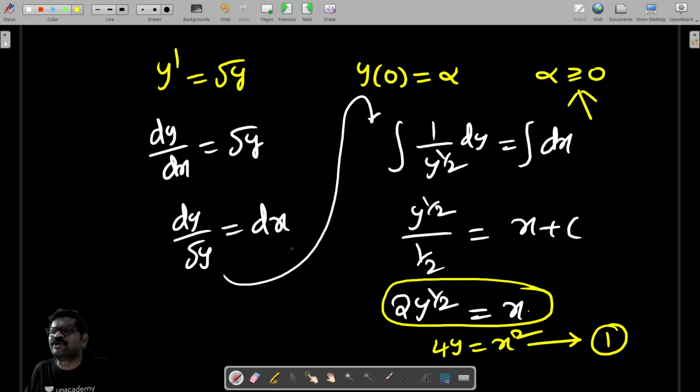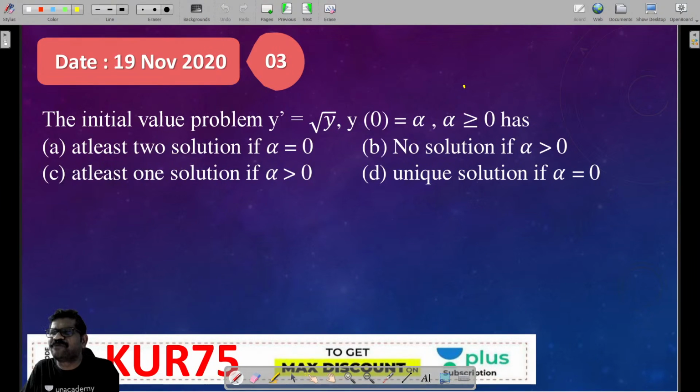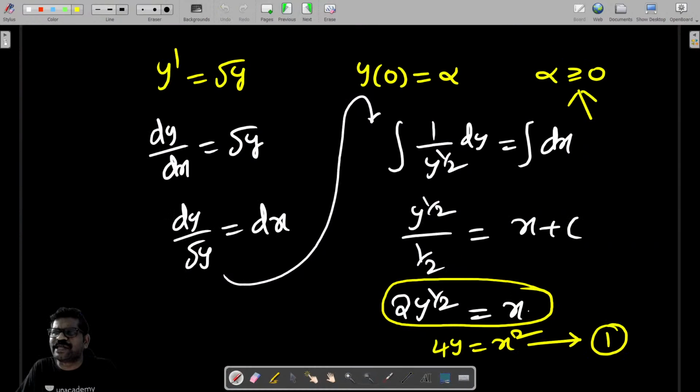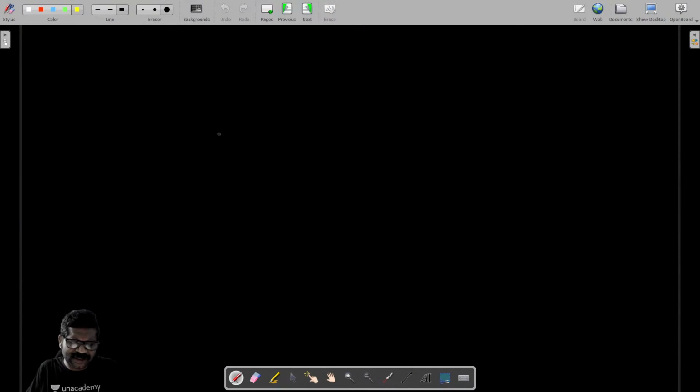Alpha greater than or equal to 0. It is not my assumption, it is given in the data. Suppose alpha equal to 0, then what happened? You will get two solutions.